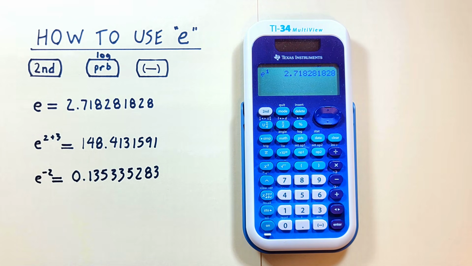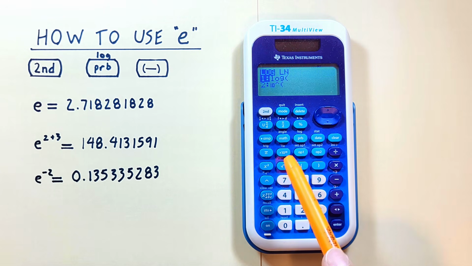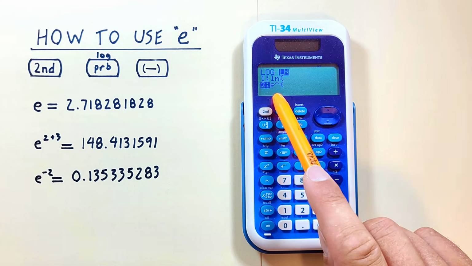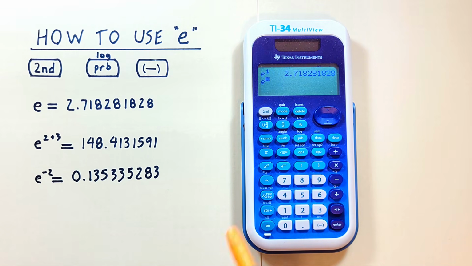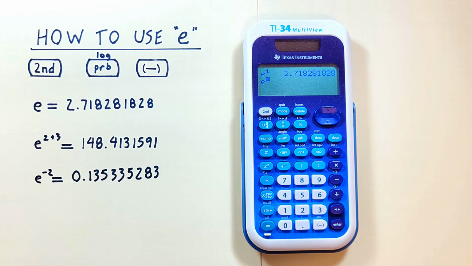What if we want E with an exponent? Well, again, we just get to E with the second probability, scroll over to ln, and choose the E. And our cursor's already in the exponent position, so if we want, say, E to the power of 2 plus 3, we can just go 2 plus 3.